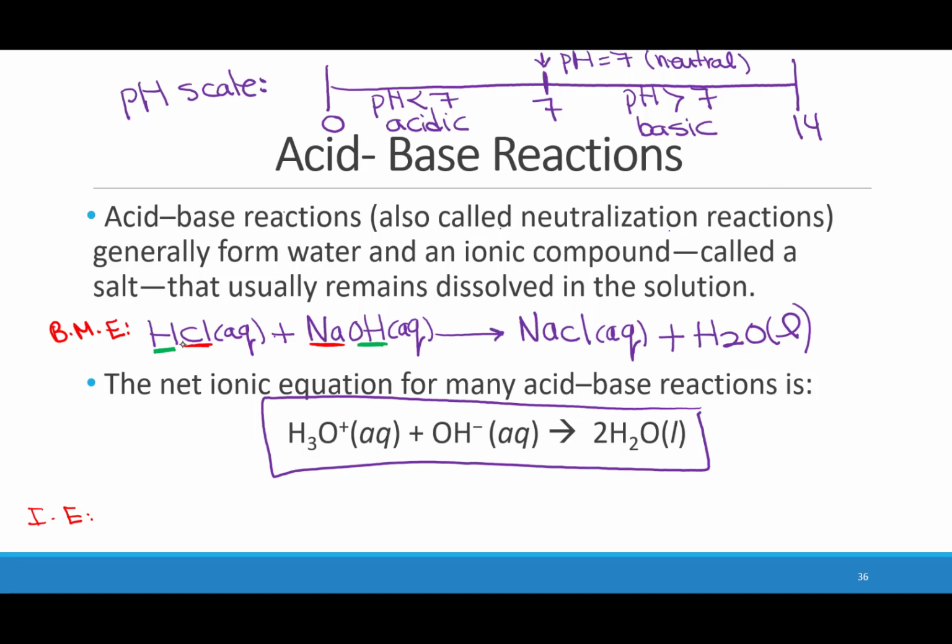Hydrochloric acid is a strong acid. It will undergo ionization. Remember, I told you guys to write hydronium ion instead of hydrogen ion. So that's what we're going to write: H3O plus and chloride ion. Whenever we write hydronium ion, to balance the hydrogen and oxygen, we have to add 1 molecule of water on the opposite side.